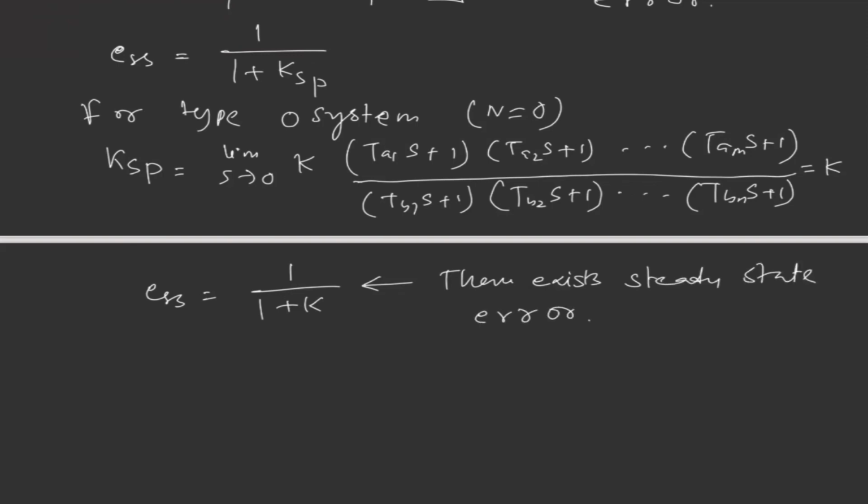Very interesting. It means that if the system is type 0 system, and if you are applying step input as a reference signal, there will be error, and this is the magnitude of the error in the system.